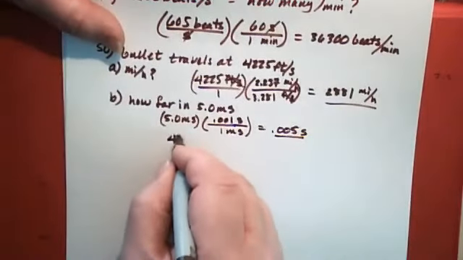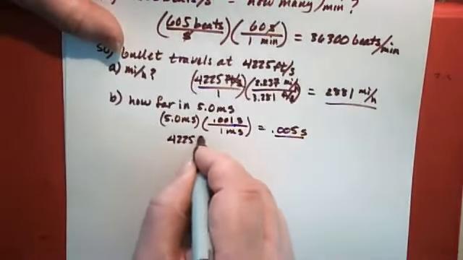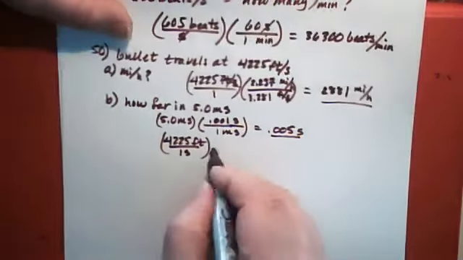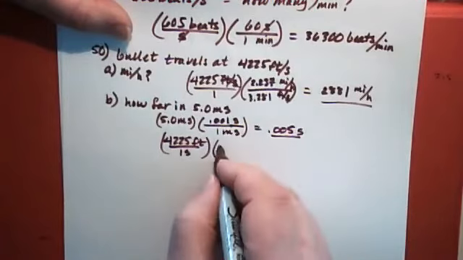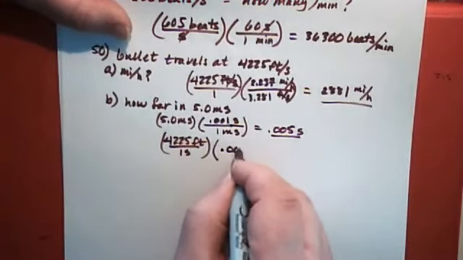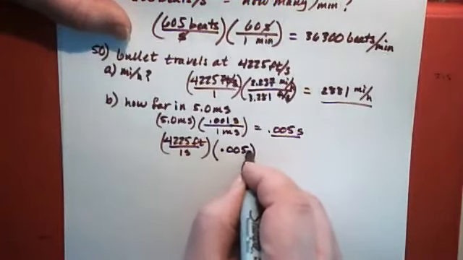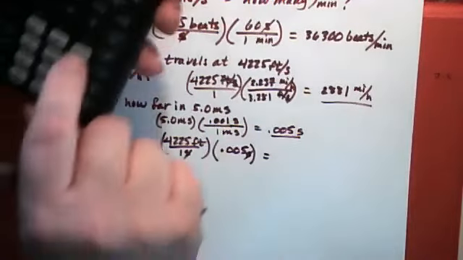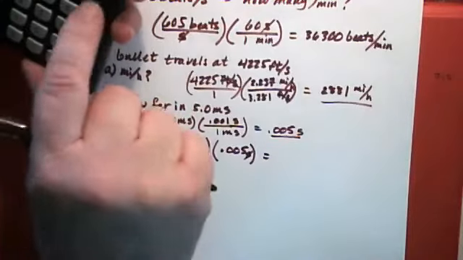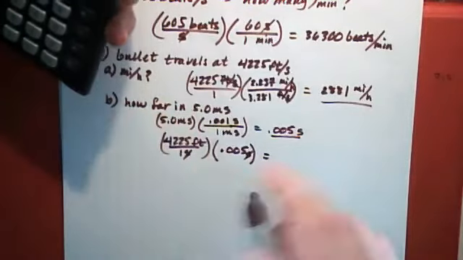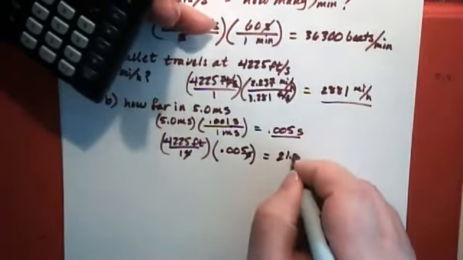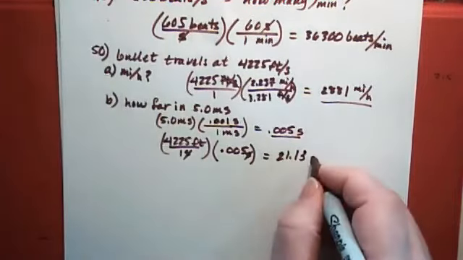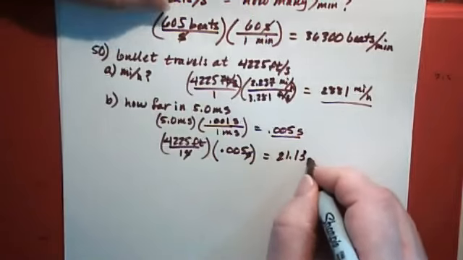Now, the bullet travels 4,225 feet per second, and in a time of 0.005 seconds, seconds would cancel out and we get feet. 4,225 times 0.005 is 21.13, I'm going to call it. And that's feet.